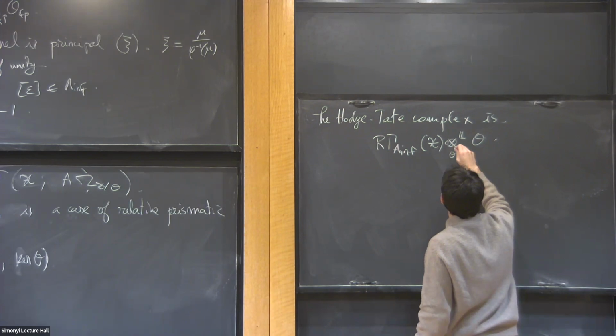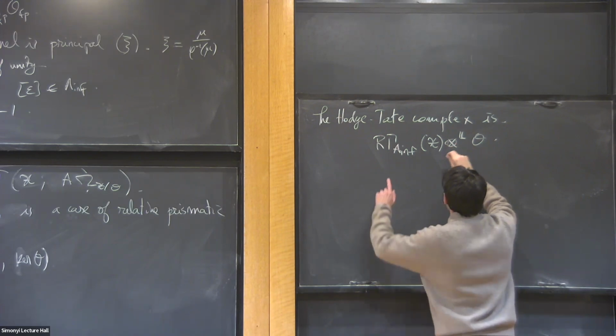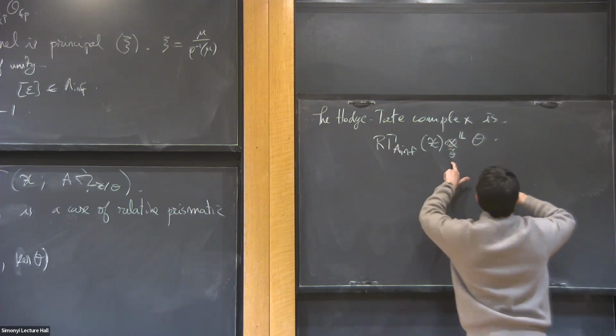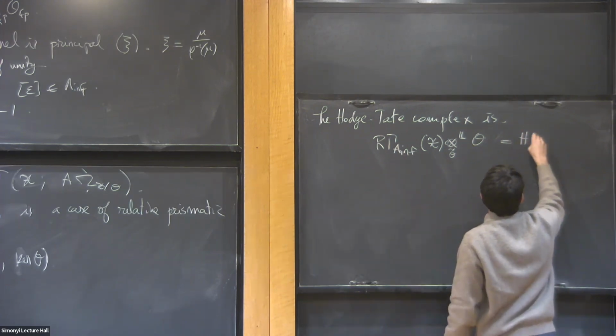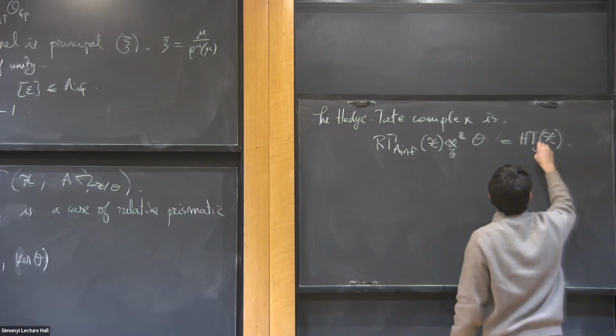So along theta, there's a Frobenius pullback, so I guess here I should put theta tilde, is the Hodge-Tate complex of X.